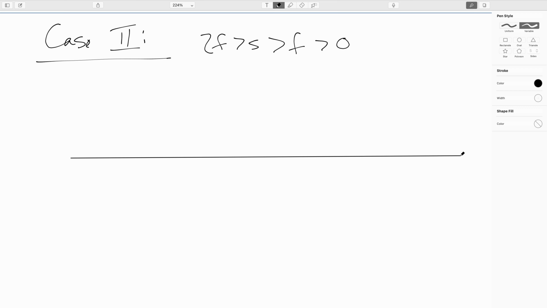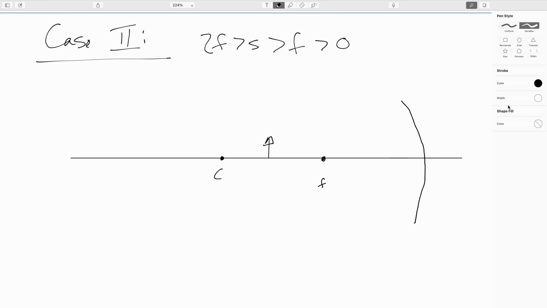I'll try to do a better job of drawing a mirror this time. Maybe something like that. So again, we'll mark out a focal point, and the center of curvature would be that far again over here. So now I'm going to make my object kind of small just so the diagram doesn't go nuts. I'll put it right here. So our object is located between the center of curvature and the focal point.